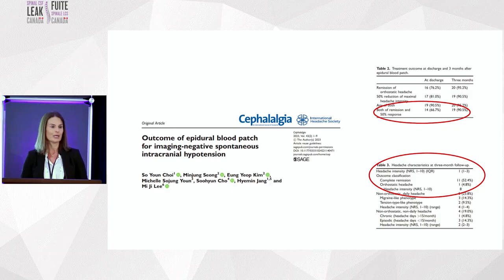This study came out and presented the outcomes of epidural blood patches in patients that presented with orthostatic headaches but had negative imaging. So we couldn't find any leak at that time. They still got an epidural blood patch, and almost 90% of these patients showed at least 50% improvement of their symptoms 3 months after the blood patch.